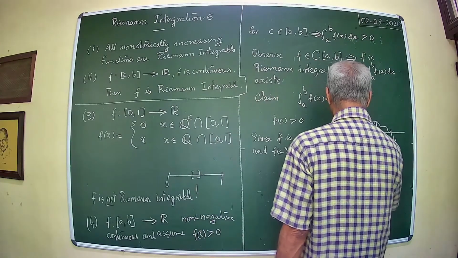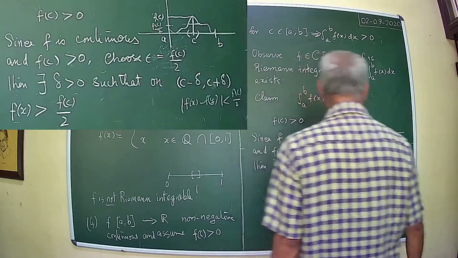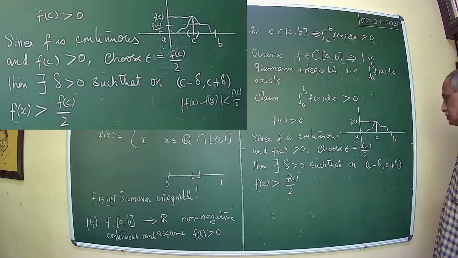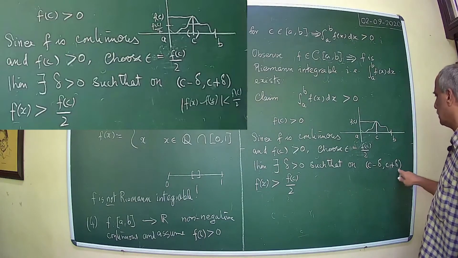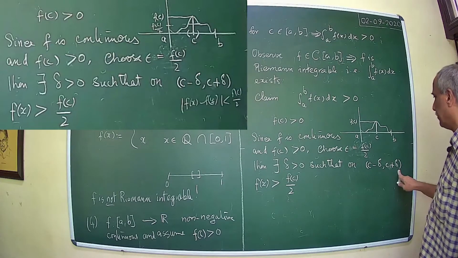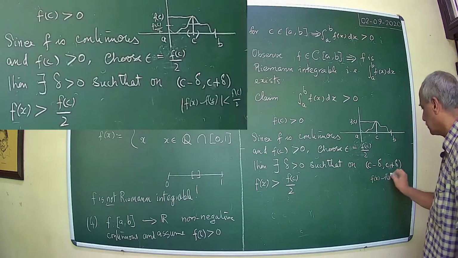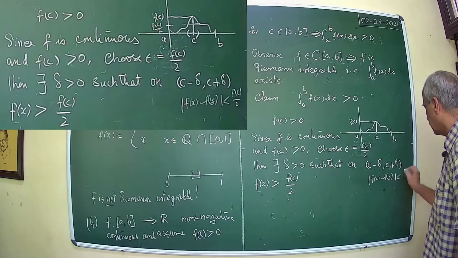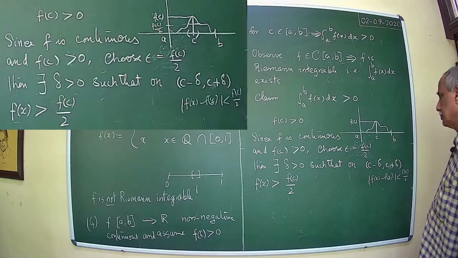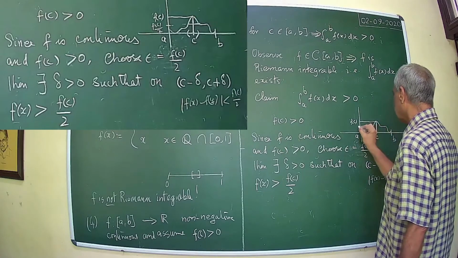Choose epsilon equal to f(c) by 2, then there exists a delta such that on (c minus delta, c plus delta), |f(x) minus f(c)| is less than f(c) divided by 2.